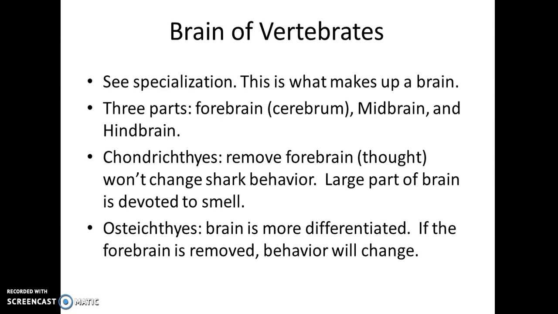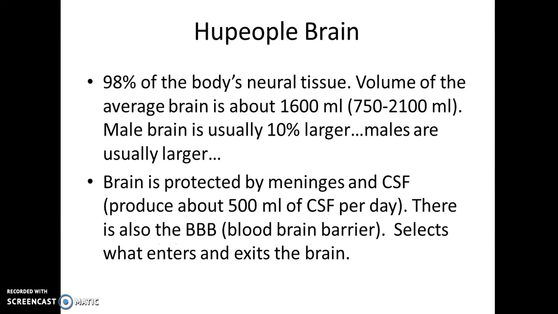But a large part of the shark's brain is devoted to smell. They can smell really well. The Osteichthyes brain is more differentiated, and if the forebrain is removed, you change the behavior of the fish. Yes, fish can have personality. I don't believe it, but they tell me that they can.